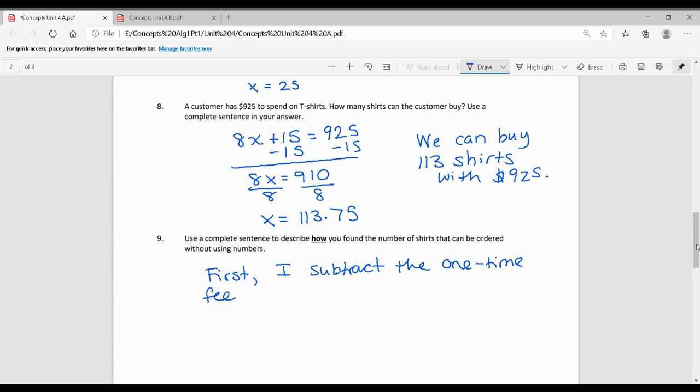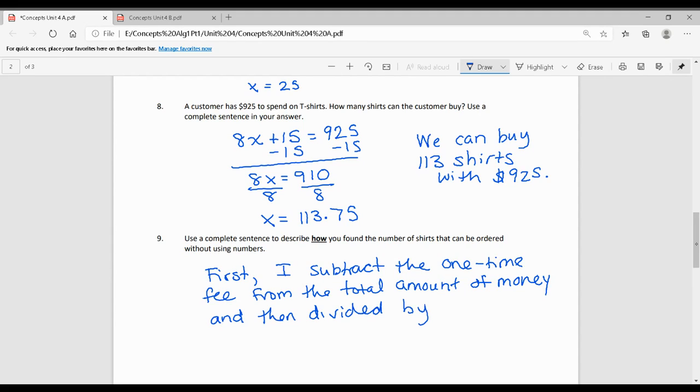And we're subtracting it from 925, which is the amount of money you have to spend. So I subtract the one-time fee from the total amount of money. And then after we subtracted, we divided by 8, but I don't want to say by 8.